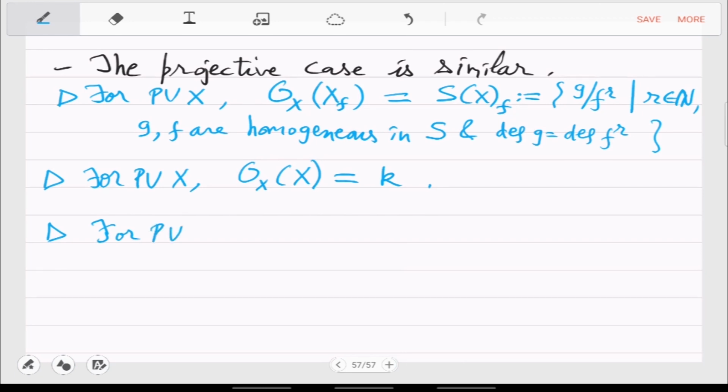For a projective variety X containing a point P, what is OXP? This again is like before, SX localized at MP. MP is the maximal ideal that defines the point P, and you just localize by that. It is also a prime ideal of S. So, that will be the same thing.